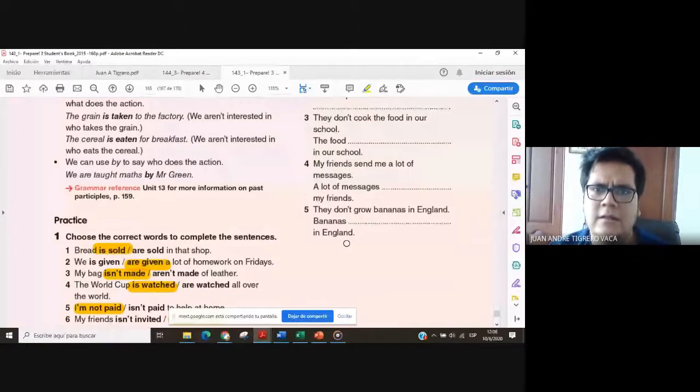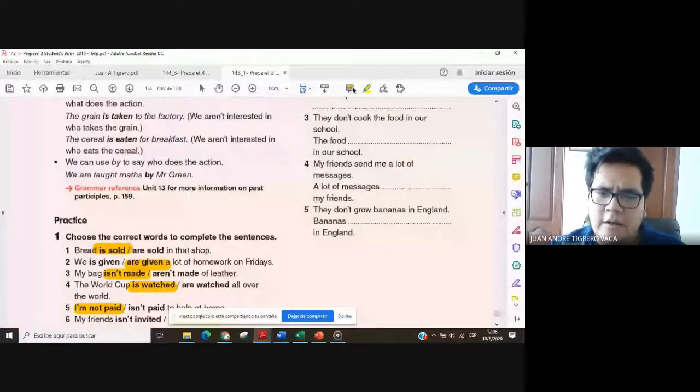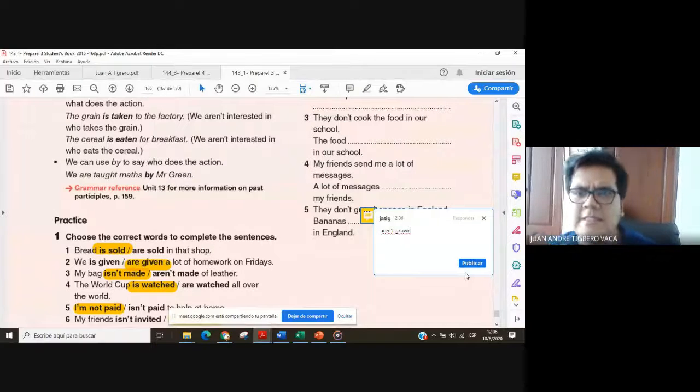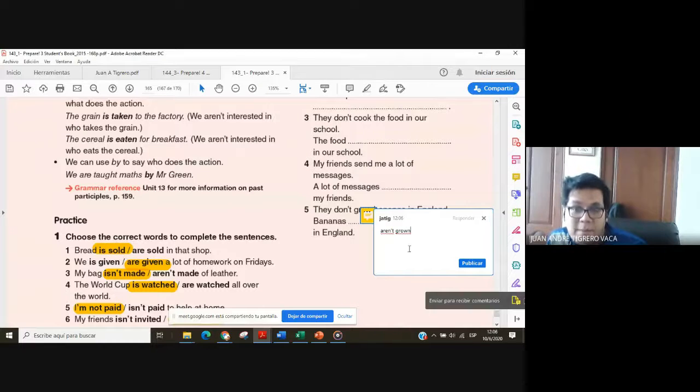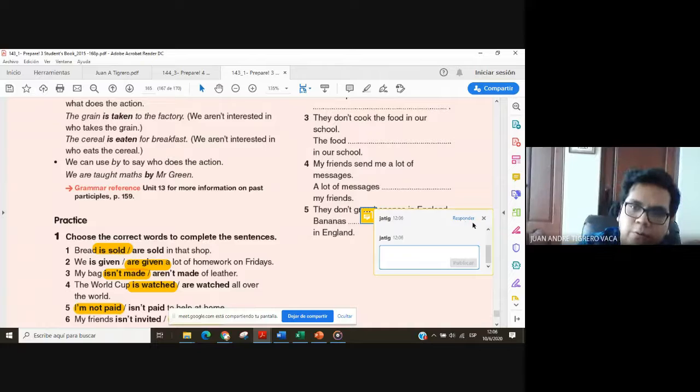So here is aren't grown like this. Okay? Because grew is just the simple past of grow. In this case, you must use grown. So bananas aren't grown in England.